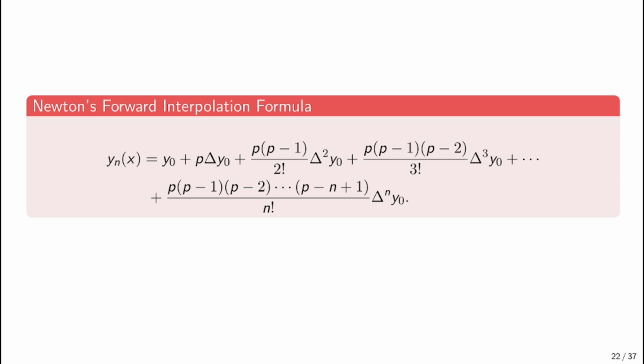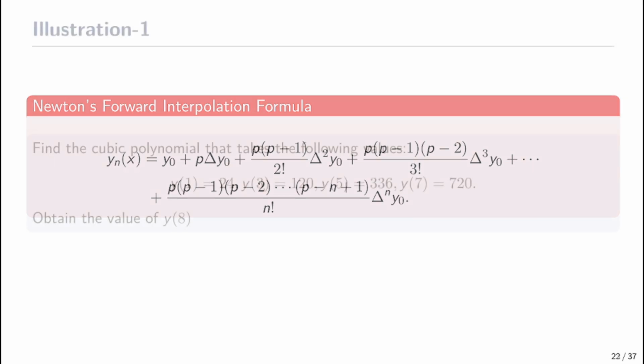This is the nth degree interpolation formula. And here p is x minus x naught divided by h. Now we are going to use this formula for some particular problems.